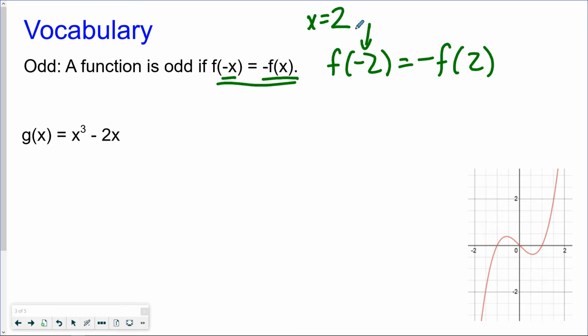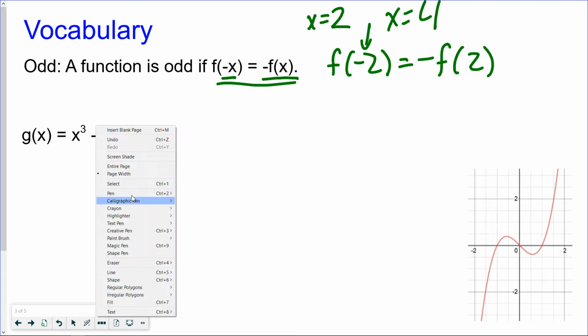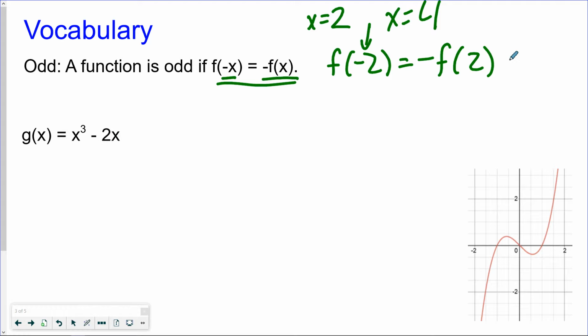If x is 2, you plug in negative 2. If x is 4, we plug in negative 4. Whatever it is, plug in the opposite sign. When we plug in the opposite sign, we're going to get whatever f of 2 is, but with a negative in front of it.